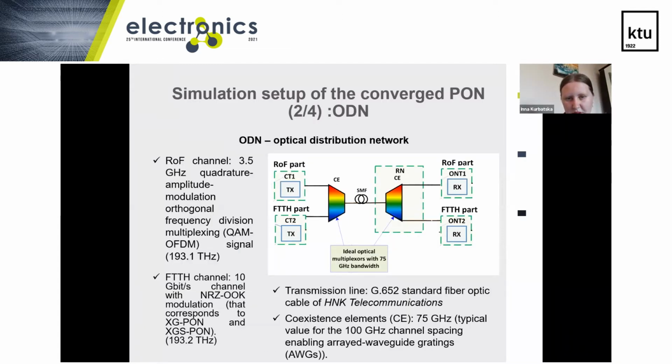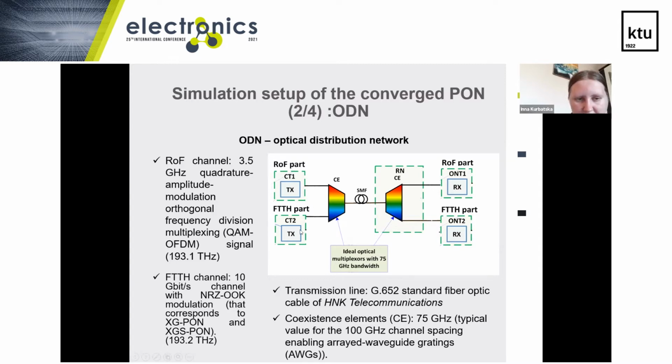So here you see the optical distribution network, where we combine these two signals. Since we perform simulation, we use ideal optical multiplexers with a bandwidth of 75 gigahertz, which is typical. For all other elements, for example fiber, we use as a basis the parameters from the specifications of real fibers. Here we combine two channels.